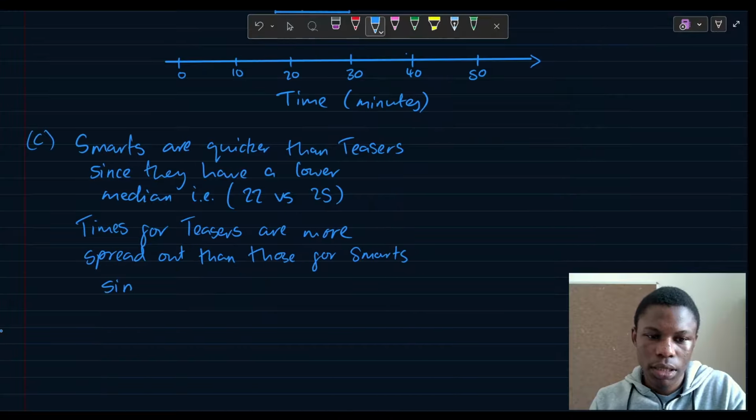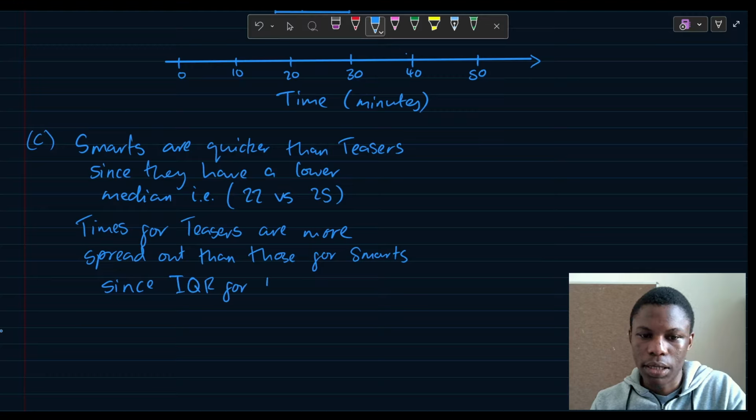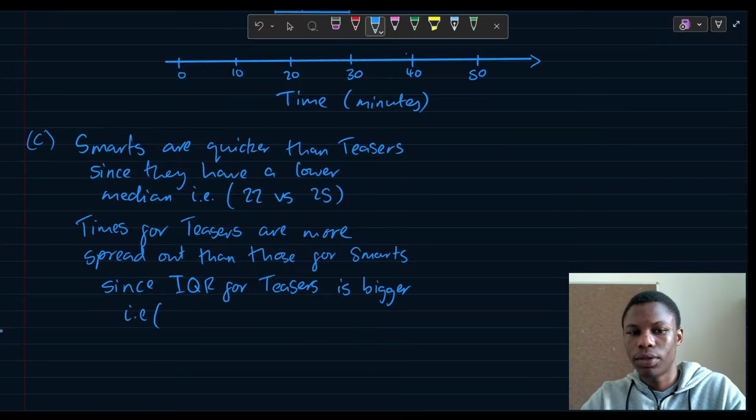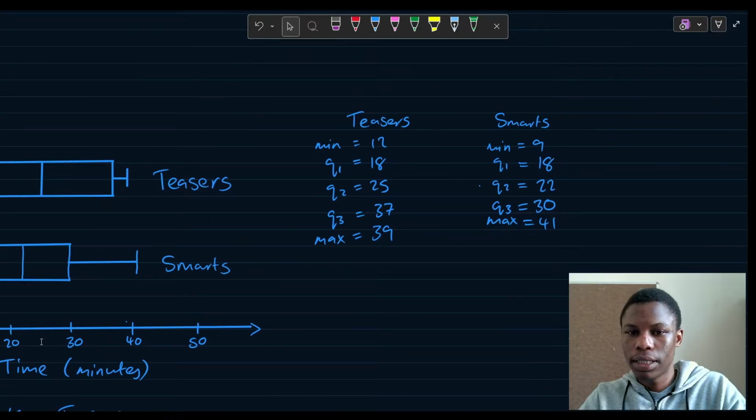Since the interquartile range for teasers is bigger. So what's the interquartile range for the teasers?